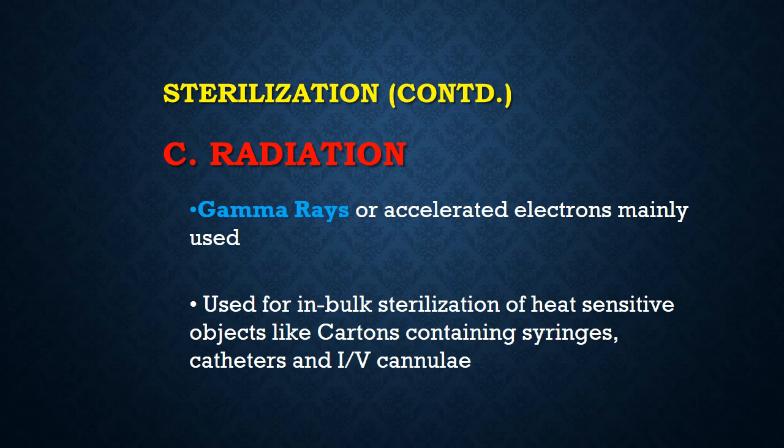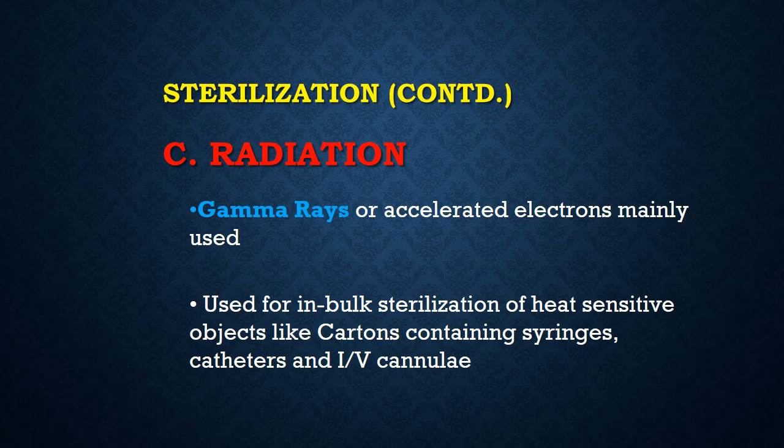The third method of sterilization is radiation. Gamma rays or accelerated electrons are mainly used, and in pharmaceutical manufacturing factories, gamma rays are used for bulk sterilization of heat sensitive objects like cartons containing syringes, catheters, and IV cannulae.